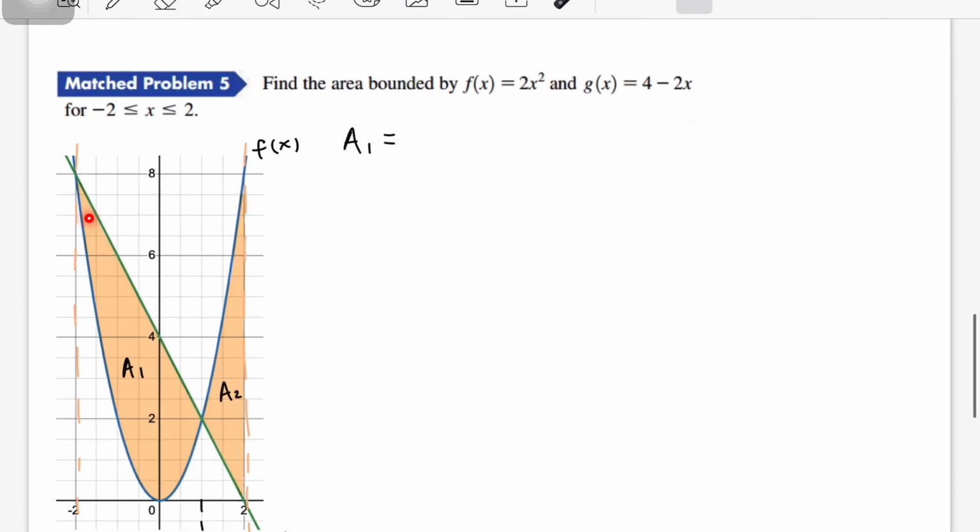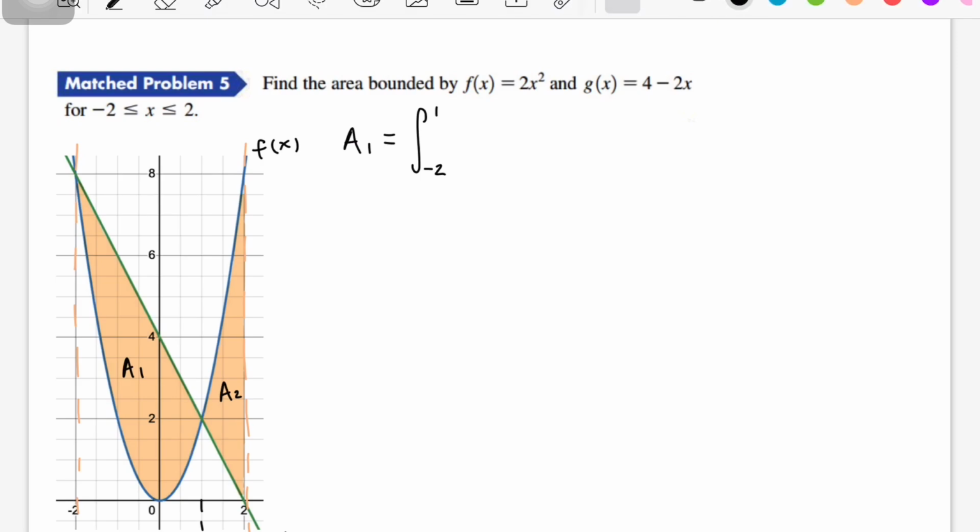In this case, we're looking at A1 here. G of x is actually bigger than our f of x, our parabola, in this region. All of our output values for g of x are bigger than our output values for f of x. So our limits of integration are going to be negative 2 to 1, because we're just looking at this region, A1.